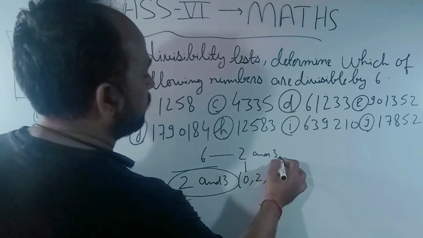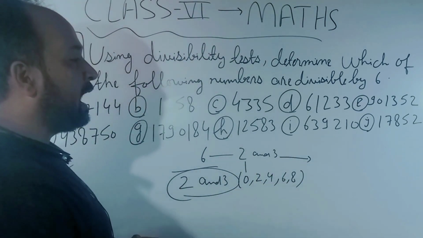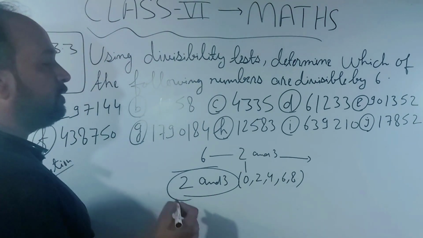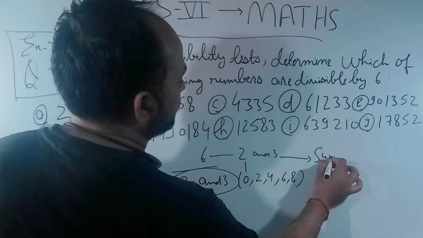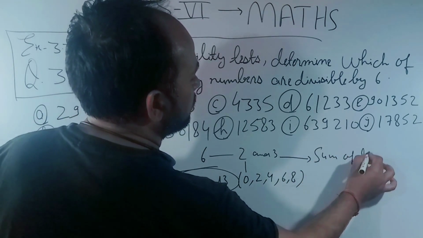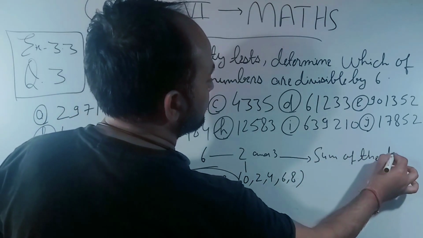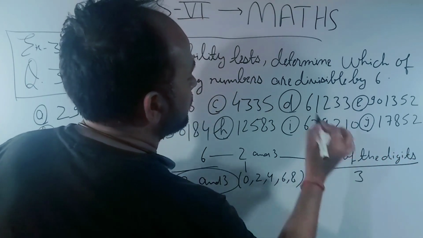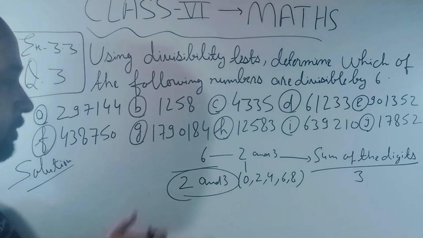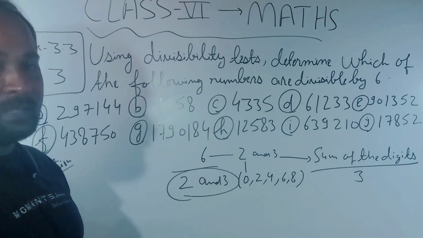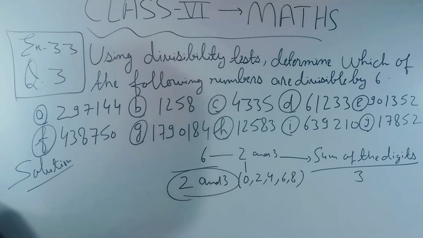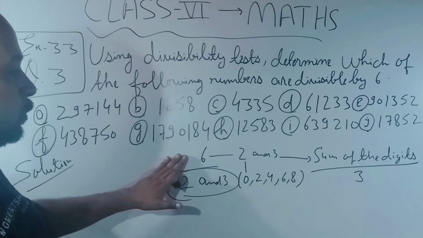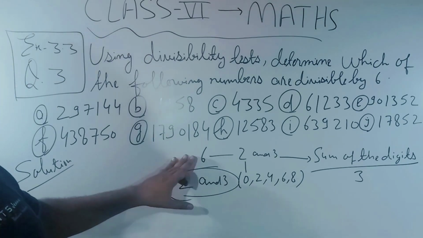And in the case of 3, we will add all the digits of that number, and if the sum of the digits is completely divided by 3, it means there is no remainder, so we can say that number will also be divisible by 6 completely.